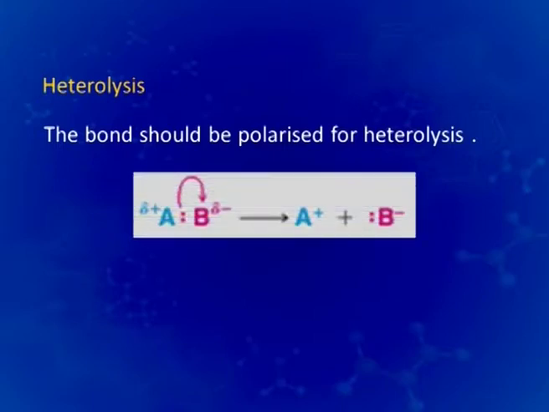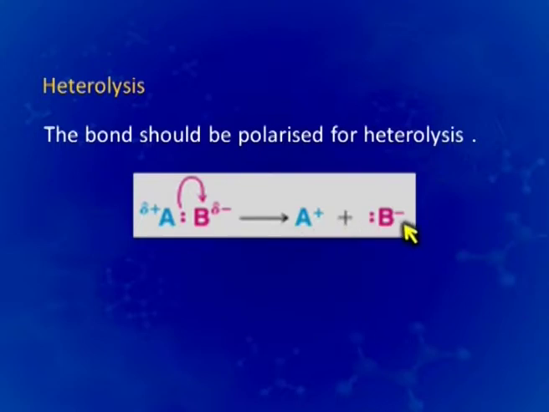It means that the two atoms constituting this bond should have some difference in electronegativity, because then only one of the atoms will attract the shared pair of electrons, whereas the other will let this pair go to the other atom and form the ions.